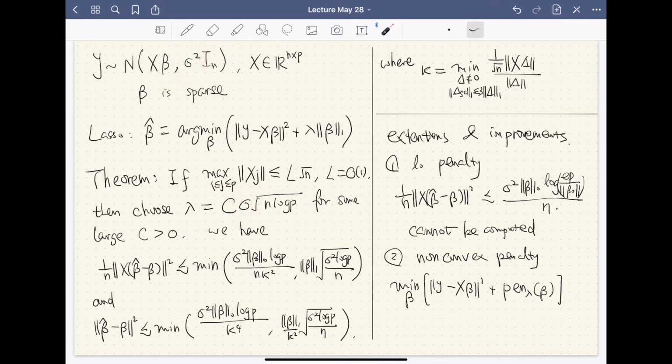This choice will give you theoretically the best performance in terms of the error bound. However, in practice, you do not know sigma, and it is really hard to estimate sigma in a high-dimensional setting. So what if we do not know sigma? Is it possible to still achieve a good rate of convergence with a different method?